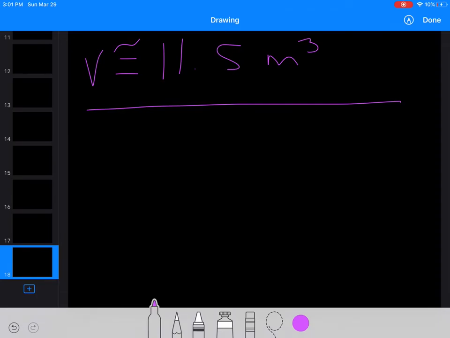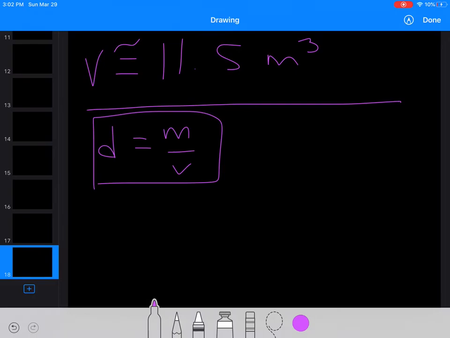Density is mass divided by volume. This is just like a science application that you might see in your physical science class. If we wanted to solve this for the mass, we can multiply both sides by V, and we get the mass is the volume times the density.